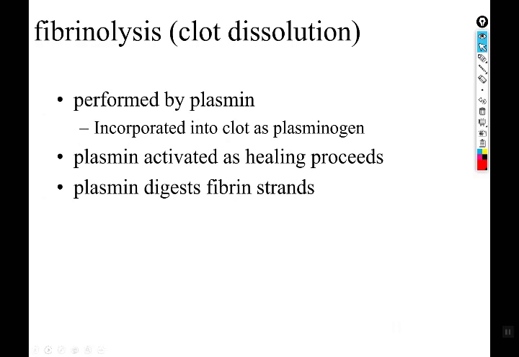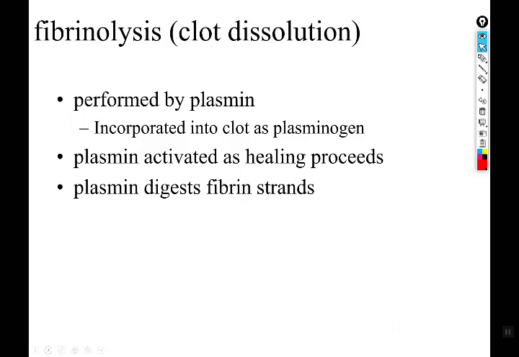So let's talk about what can pump the brakes on that positive feedback loop. I was intentionally avoiding saying the names of those things because I wanted to talk about them specifically. So fibrinolysis is one of the ways that clots are managed.